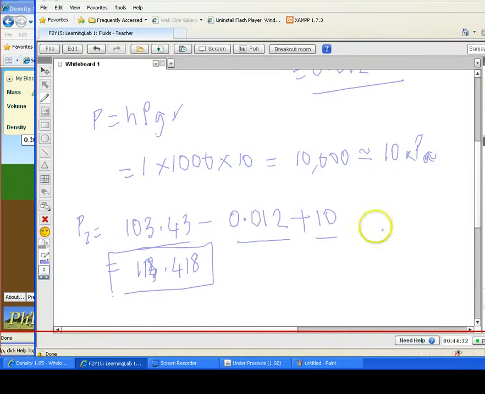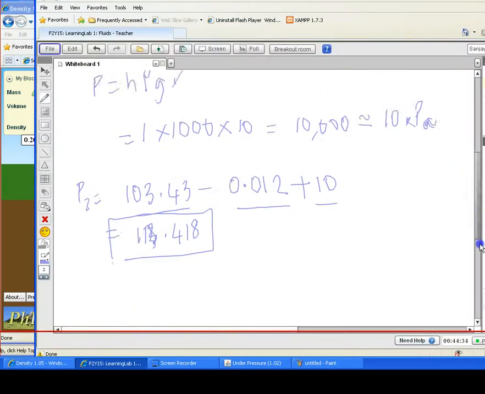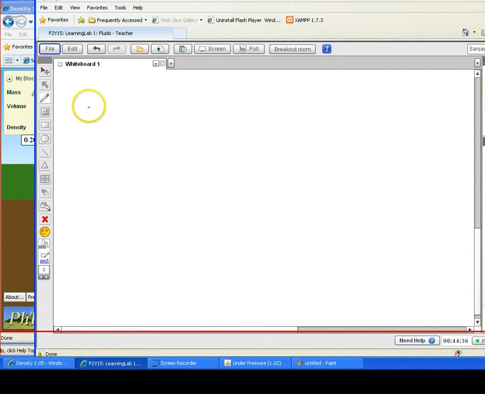Okay, go to the whiteboard please. It's important that you know how to do these conversions. It's 1000 kg per meter cube. So it's 1000 kg for 1 meter cube. 1 liter is 1 into 10 raised to minus 3 meter cube.